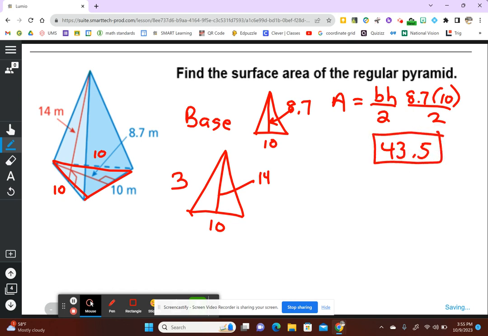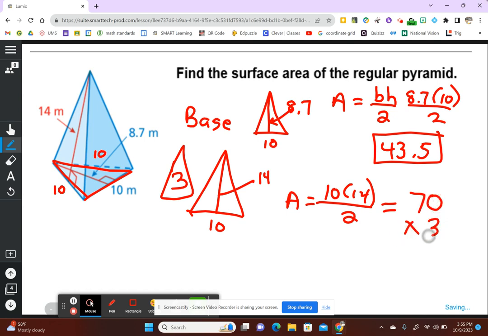And then it's going to have 3 triangles that have a height of 14 and a base of 10 divided by 2. So that's 140 divided by 2. So that's 70, but we have to do the 70 times 3 because there's 3 triangles on the sides. And the area of the base, so this would be 253.5 meters squared.